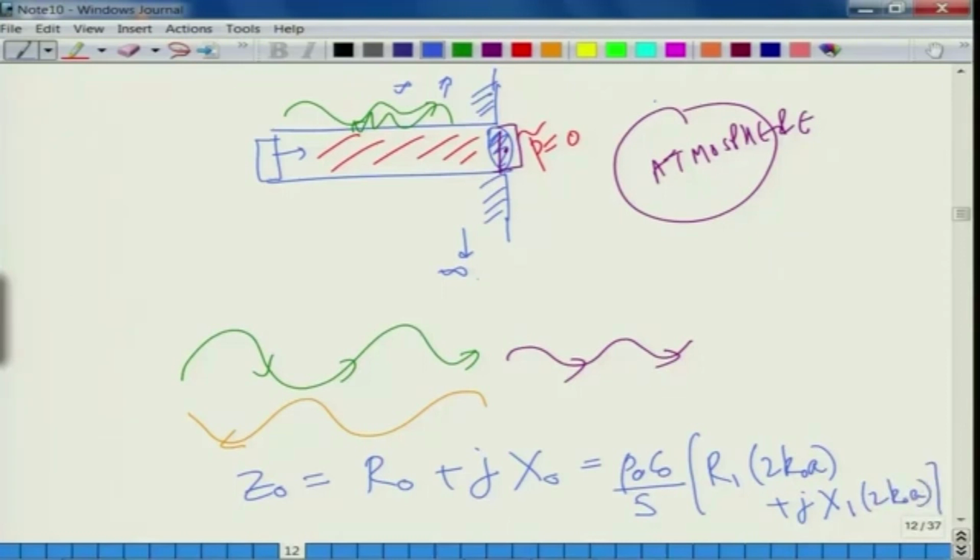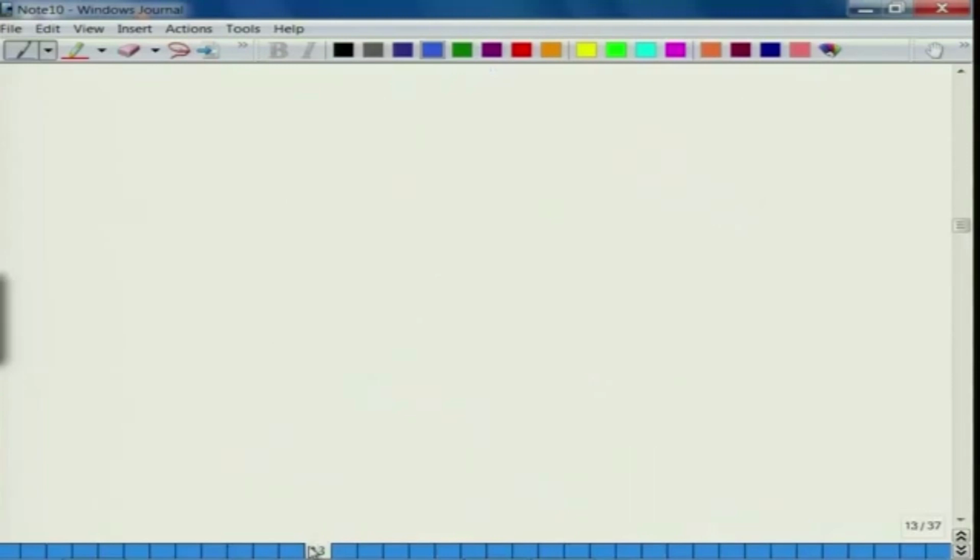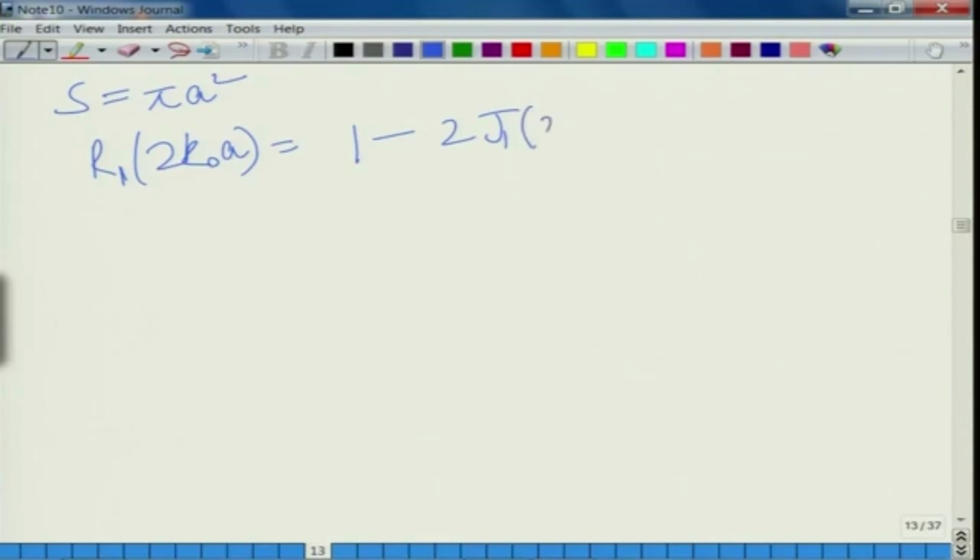this thing. So, what is R1 then? R1 of 2 k naught a is the expression given by 1 minus 2 times the Bessel function of 2 k naught a divided by 2 k naught a.